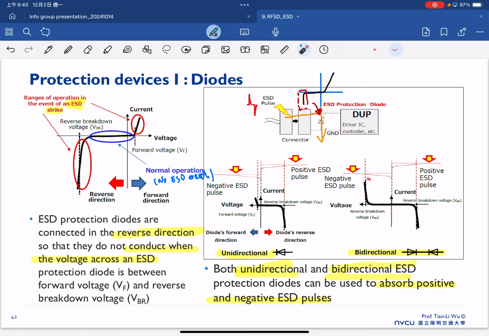But if there's a huge negative ESD pulse, then the diode can start working, or if a positive ESD event starts happening, then the diode can work. So, considering bidirectional ESD, it can be used to absorb the positive and negative ESD pulses.